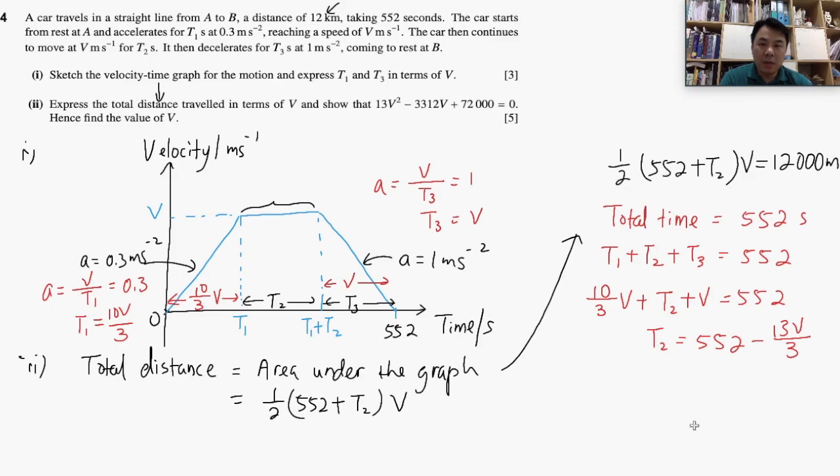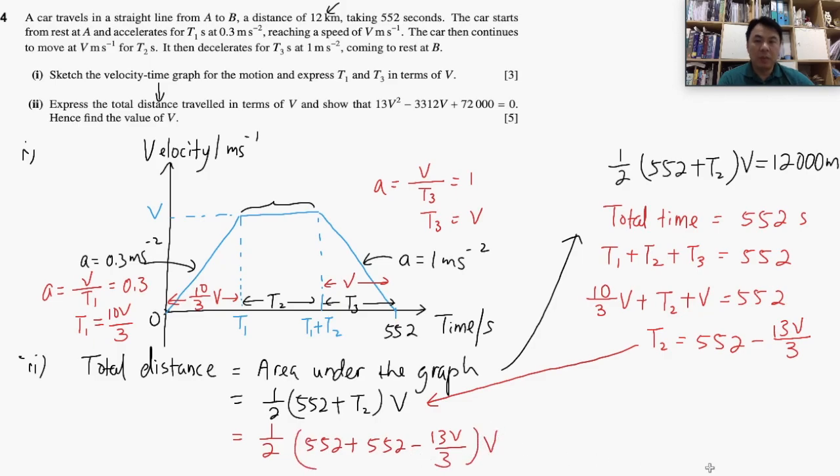So once I found my T2, I can use this information back here to find the total distance traveled in terms of v. So in this case, I can write down my total distance will be 552 plus T2, which is 552 minus 13v over 3, multiplied by v.